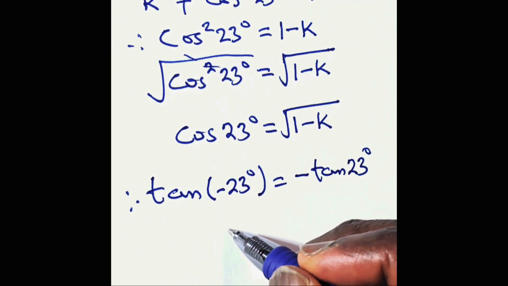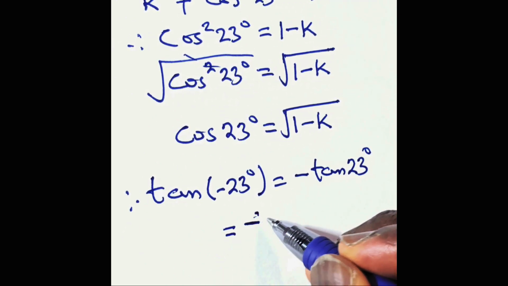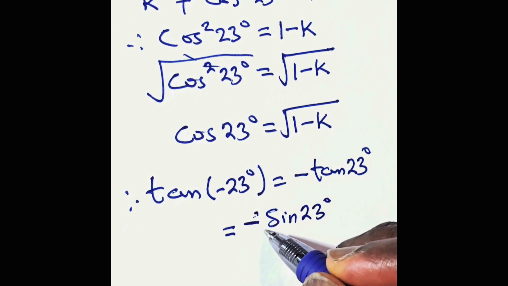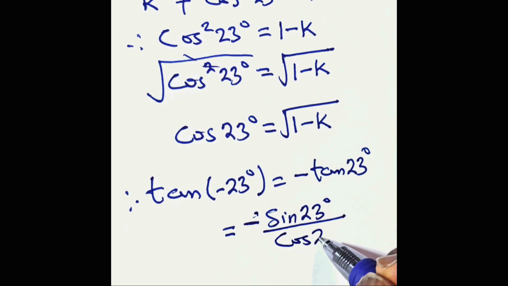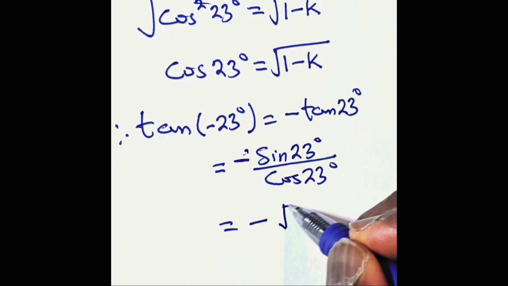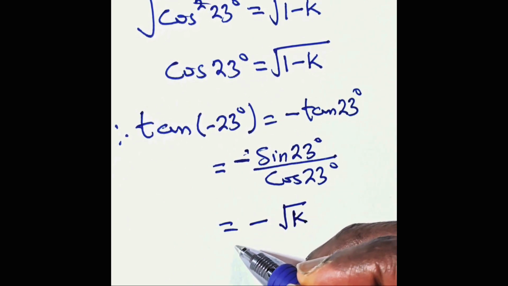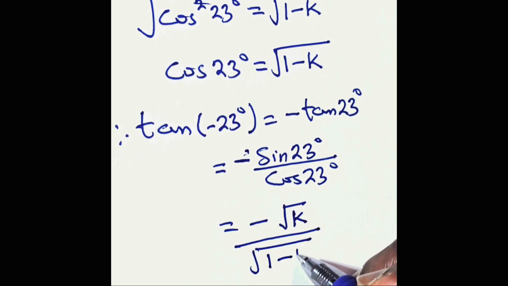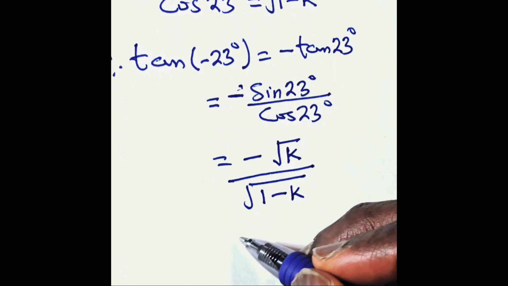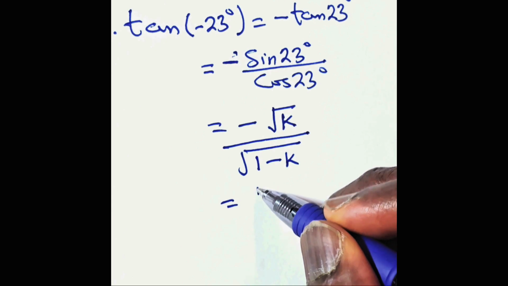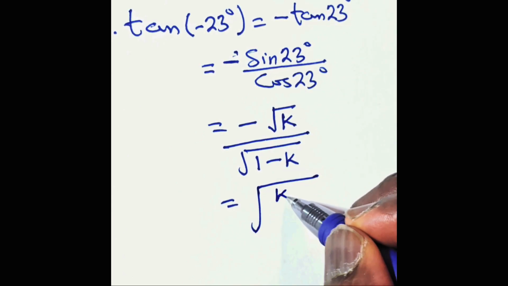In that way, this will give us minus sine 23 degrees over cos 23 degrees. And that will give us minus the square root of k over the square root of 1 minus k. And we can put them together, based on the rule that says we can put them together.